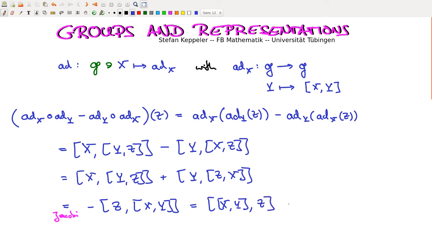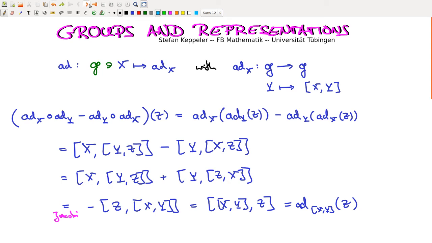But that's by definition ad of [x,y] applied to z. So we see that actually the representation of this Lie bracket is just the commutator of these ad_x, ad_y things. So it is a representation.